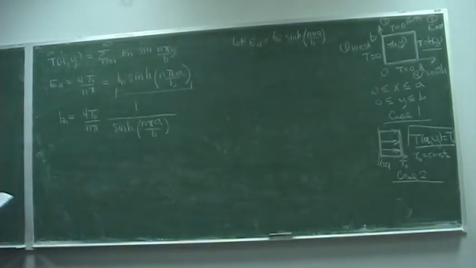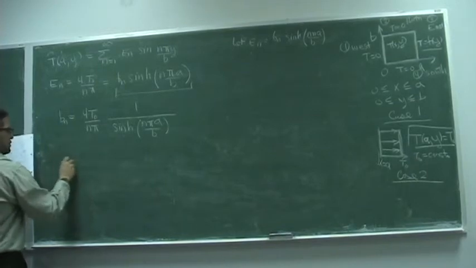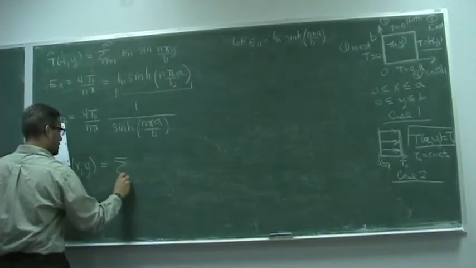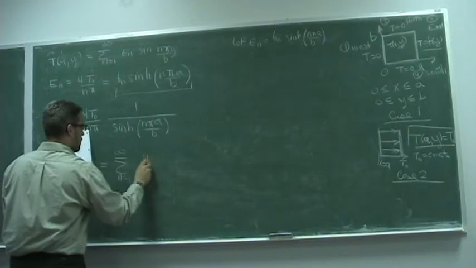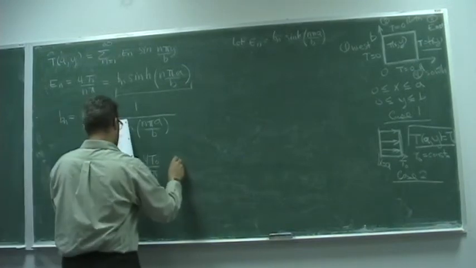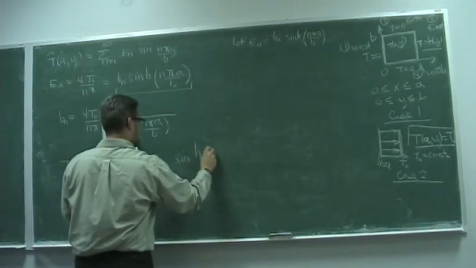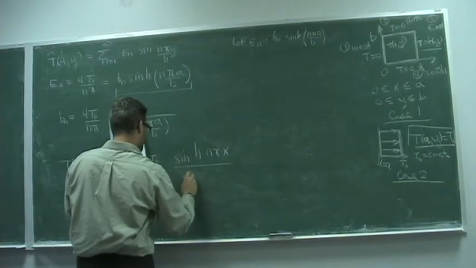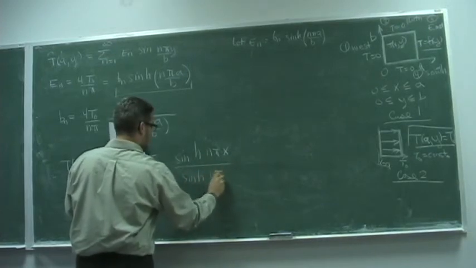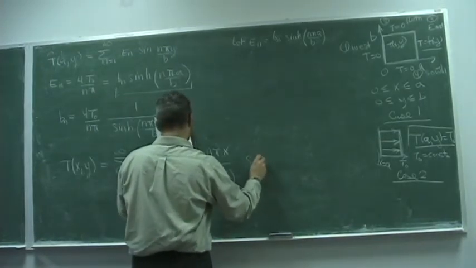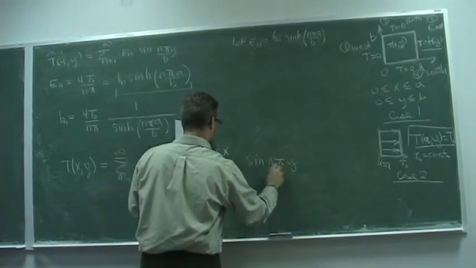So now, our general equation is going to be T of x and y equals summation n equals 1 to infinity of 4 t0 over n pi, sine hyperbolic n pi x over sine hyperbolic n pi a over b, times sine n pi y over b.